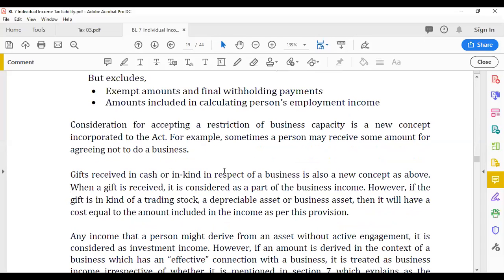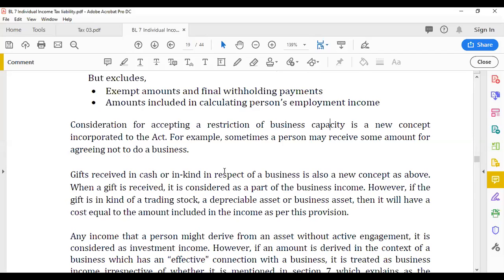For example, sometimes a person may receive some amount for agreeing not to do a business, as I told you in the example. Gift received in cash or in kind, similar to cash, in respect of business is also a new concept as above. So gift is also a new concept in Sri Lankan law.